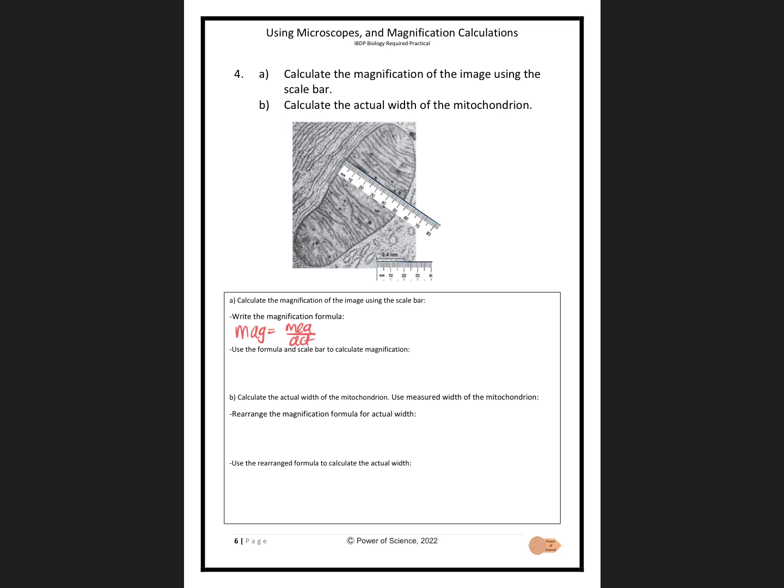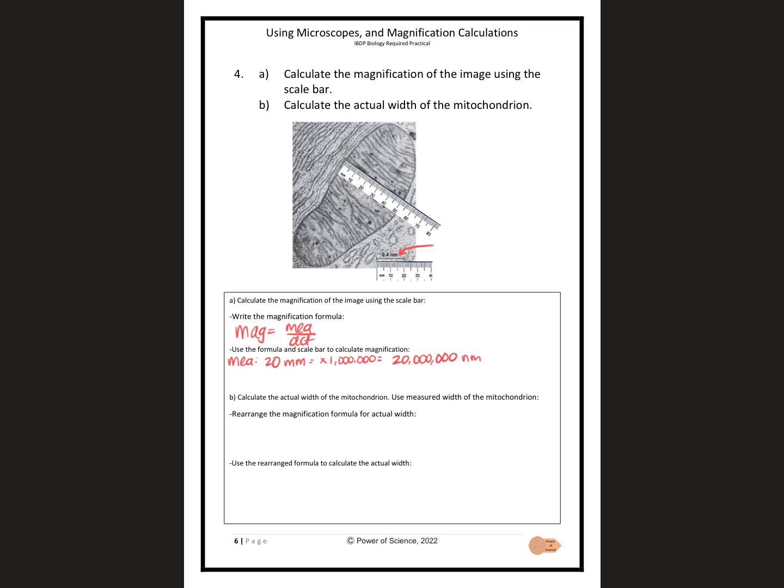So measured over actual to get our magnification. Our scale bar is measuring about 20 millimeters, which in this case, I want you to be careful here. We're not going to multiply by 1,000 because we're working in nanometers, which are much smaller than micrometers. And so we're going to actually multiply this by 1,000,000. So we have a measured length of 20 million nanometers.